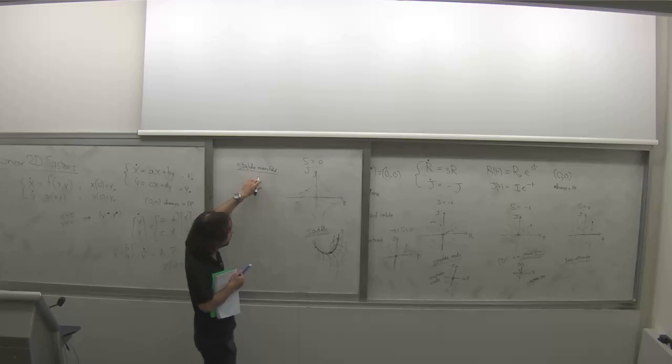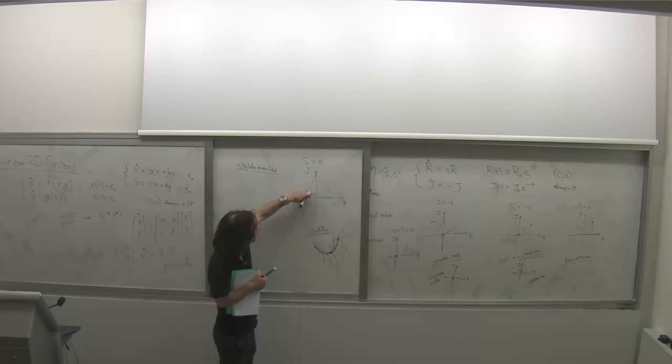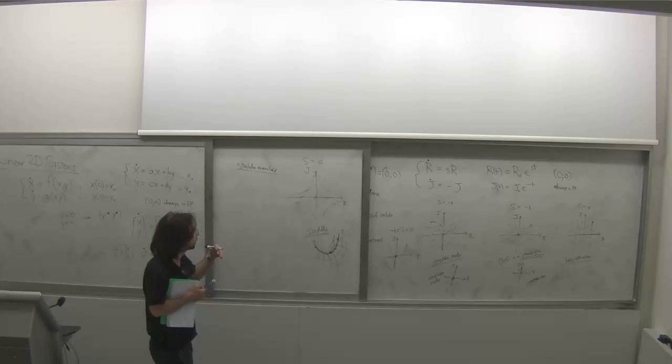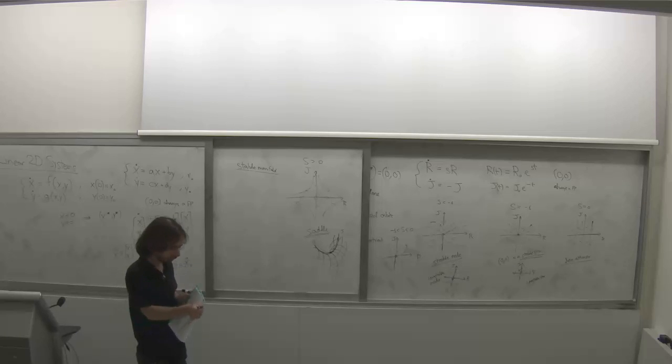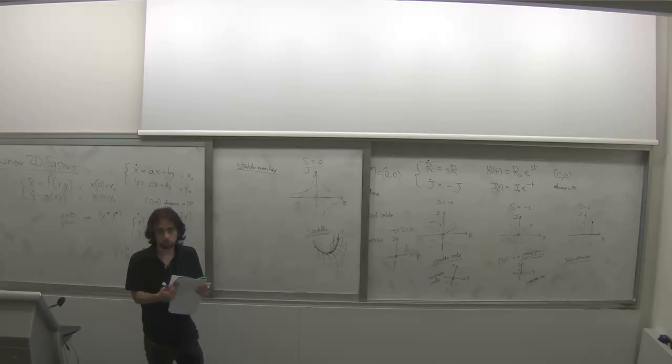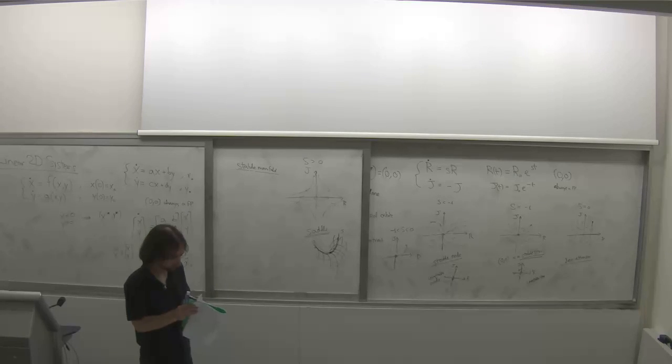So the stable manifold here, it's the J-axis. This is a line where if you start on this line, you will always stay there. You'll get to the fixed point. But you stay on the line.